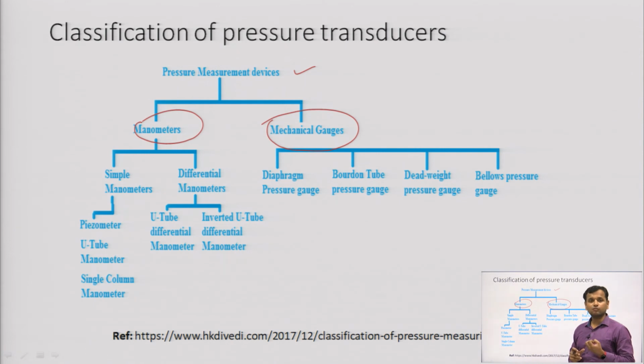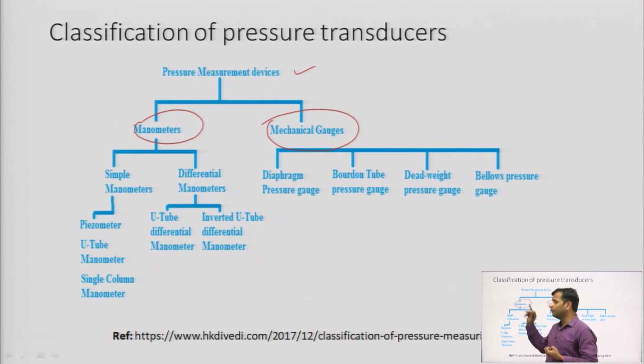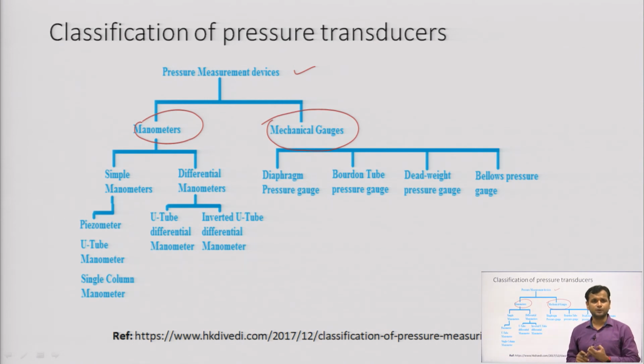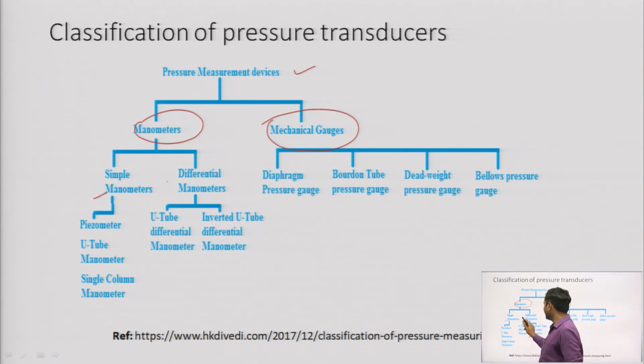That will be one advantage of the manometer, that you can measure the differential pressure, the difference between the two pressures P1 minus P2. There are two classifications of manometer: first is the simple manometer and second one is the differential manometer. The simple manometer is categorized into lots of different classifications.